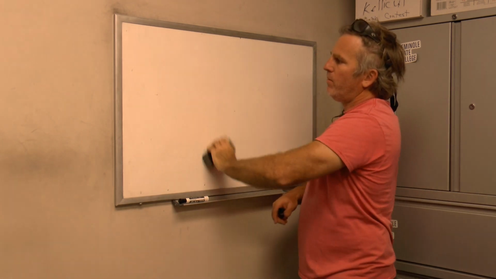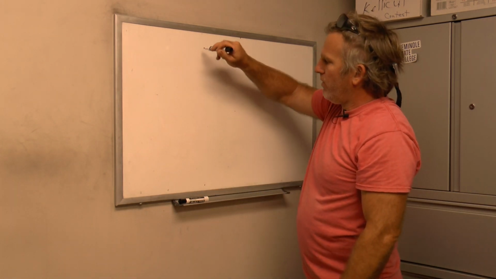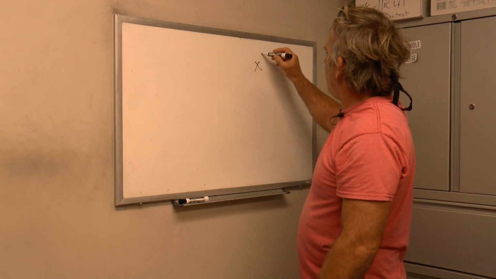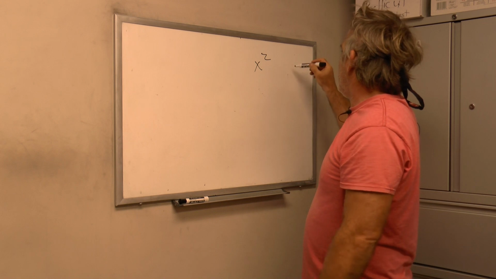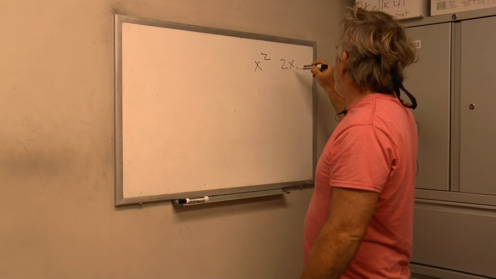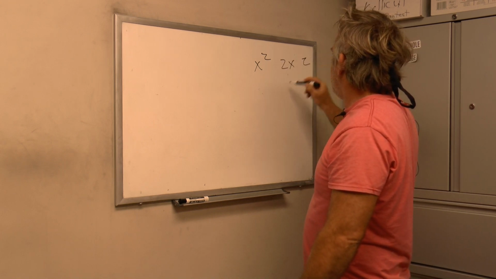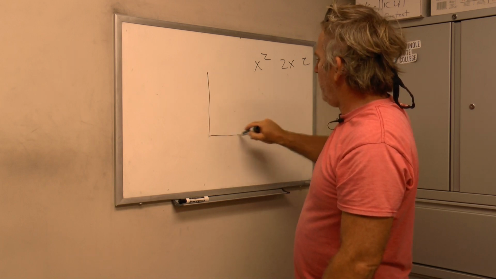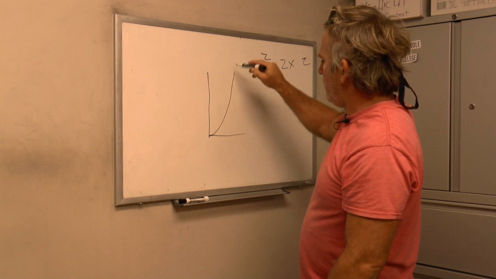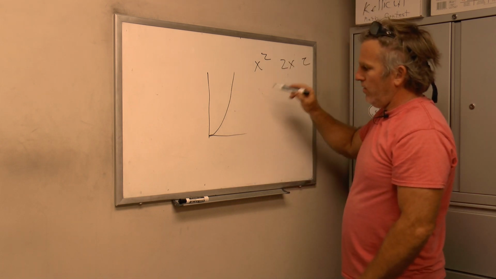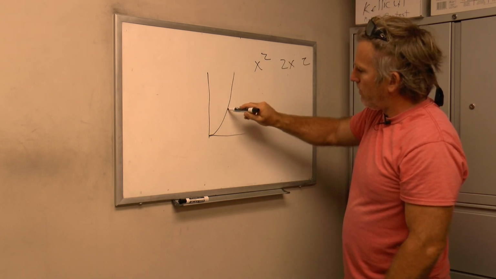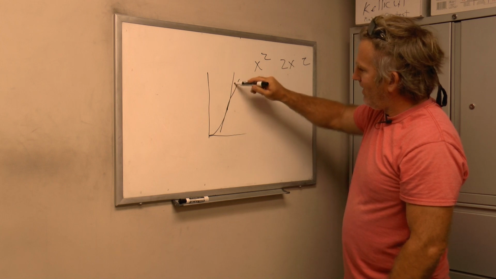The other thing is, remember we talked about a derivative, right? So we have x squared as our position function. What's the derivative of x squared? 2x. What's the second derivative? 2. So what do these graphs look like? This should go something like this, at least on the positive side. And then we know that this is the slope of the tangent line, right? At least Daniel will tell you that.